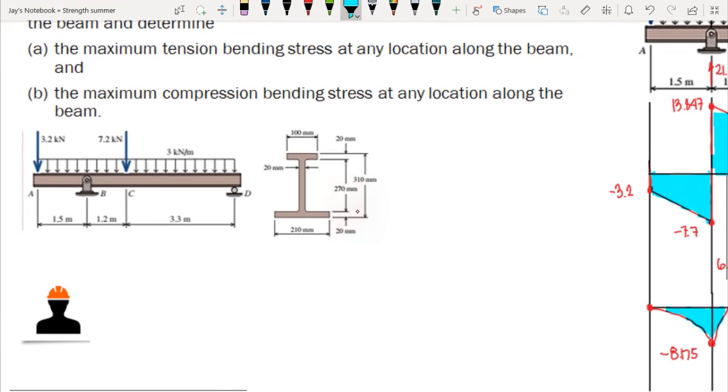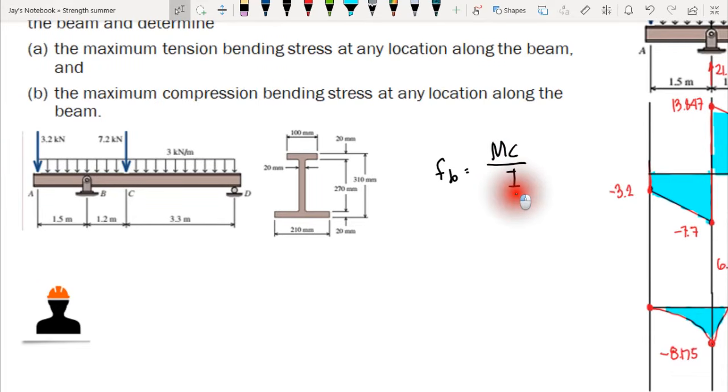And we know that the formula for flexural stress is fb equal to Mc over I, where M is the internal moment, c is the distance from the neutral axis to the outside or the farthest distance from the neutral axis, and I is the moment of inertia.